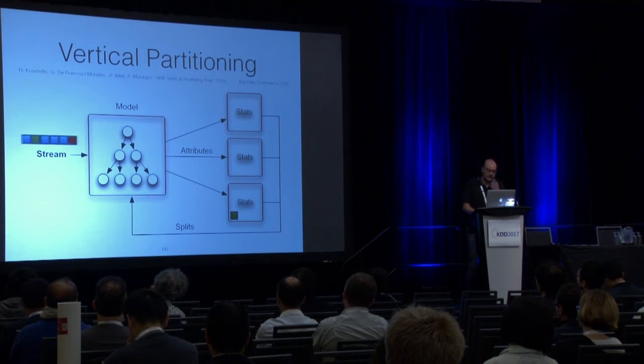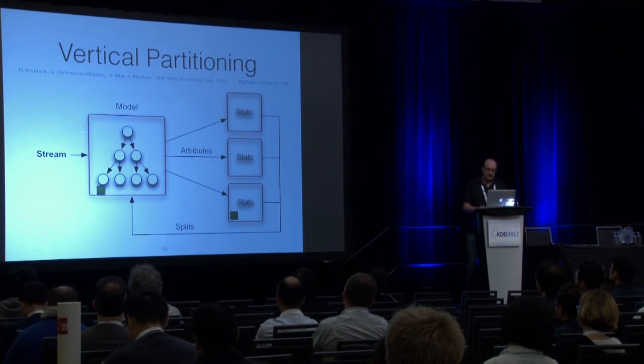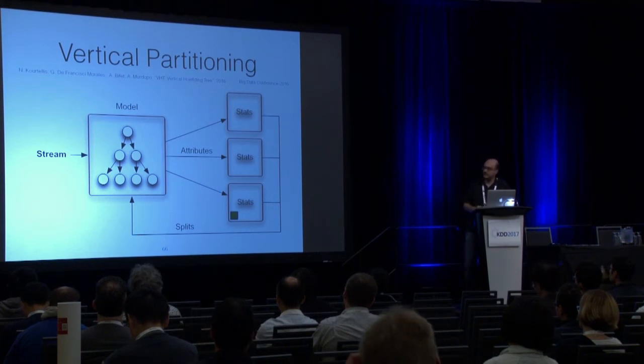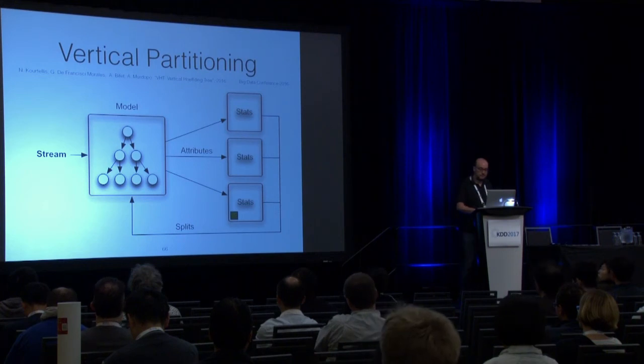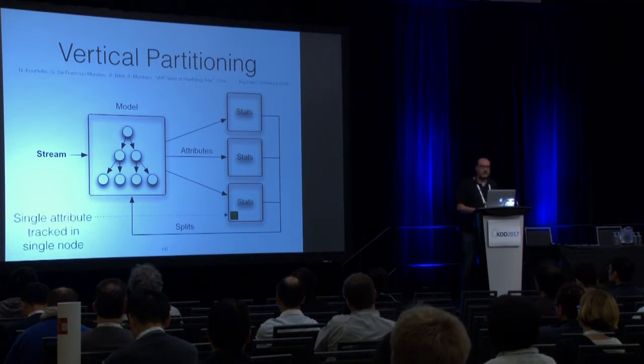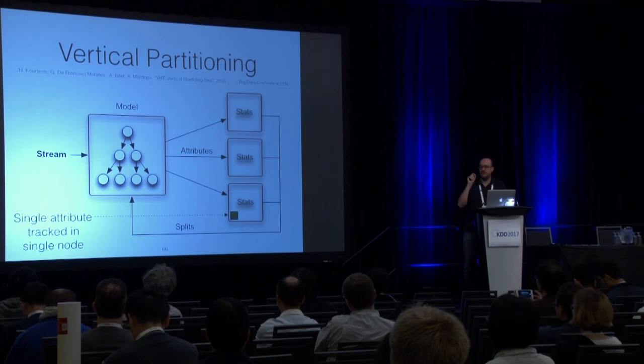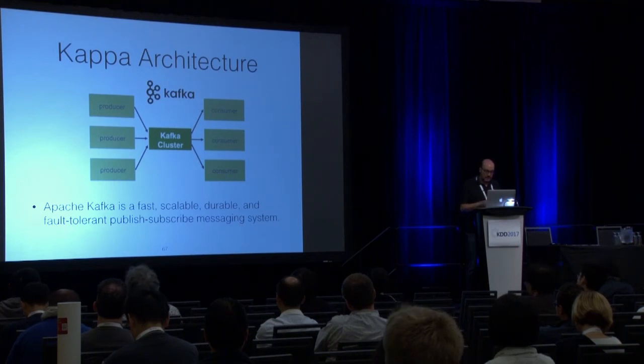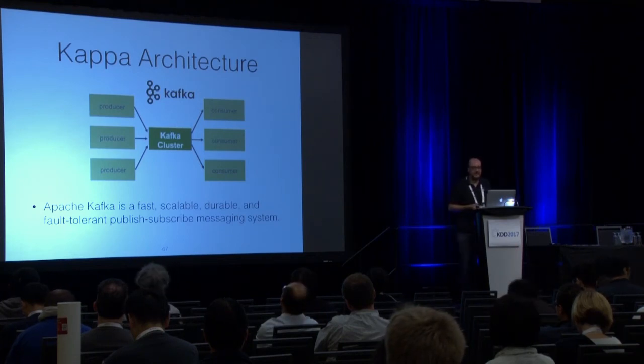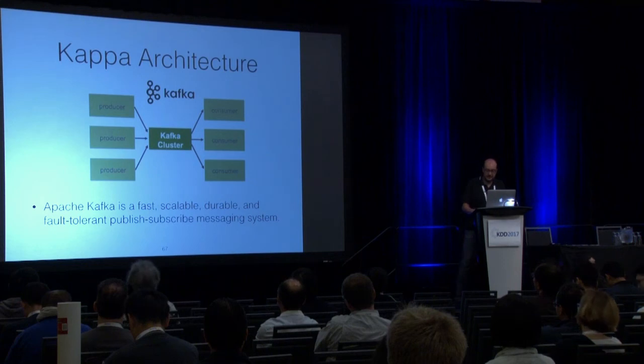For a new instance, again, this instance is going to arrive at the leaf, and again, the information for the second attribute is going to go to the same attribute statistic node. So all the information for a specific attribute is always going to be in the same node.